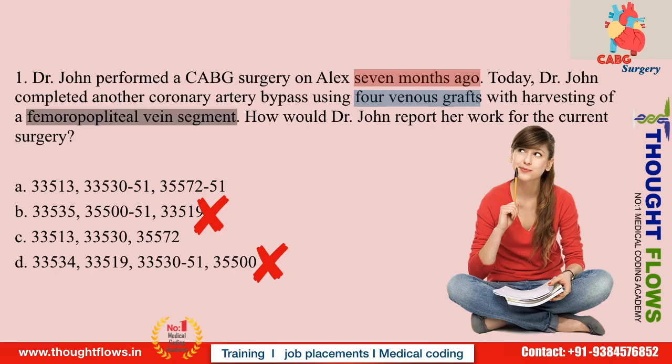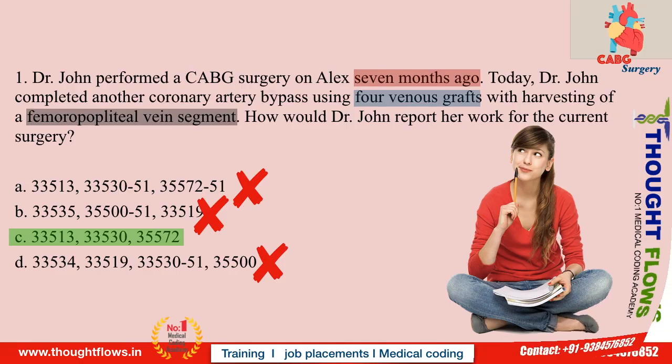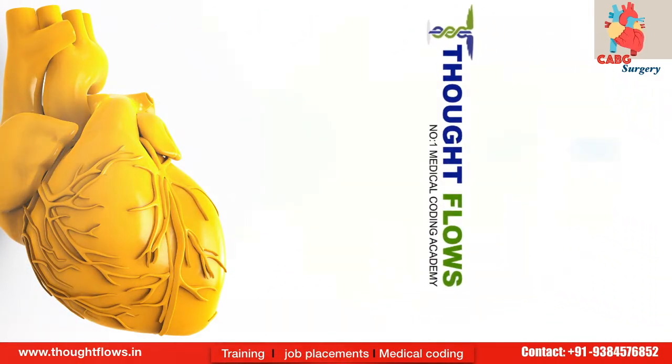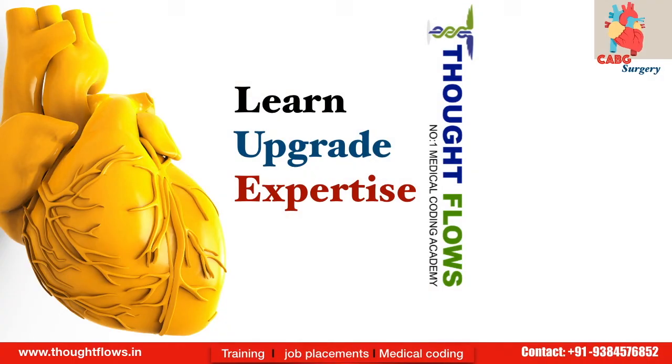Coming to the option A, which is 33513 along with add-on codes, we should not use 51 modifier for add-on codes. So hence the answer is C. So 33513 is for the 4 venous grafting, and for reoperation we had used 33530, and for the graft we had used the 35572.